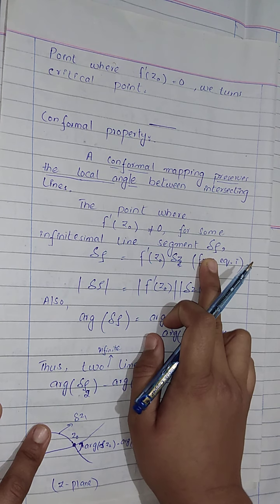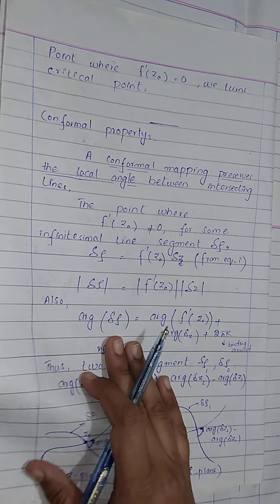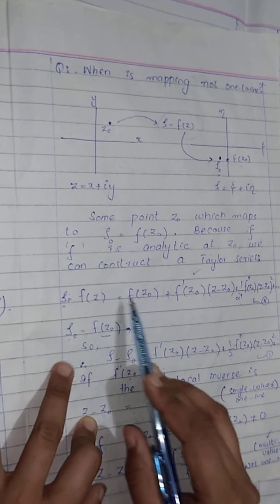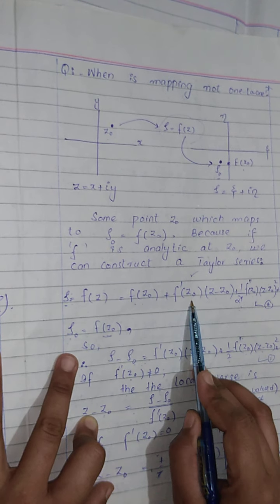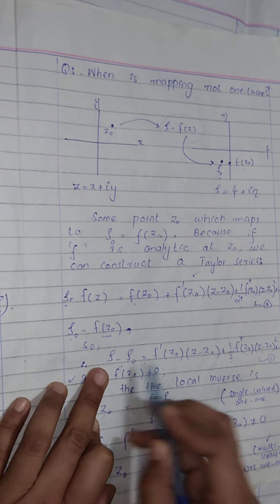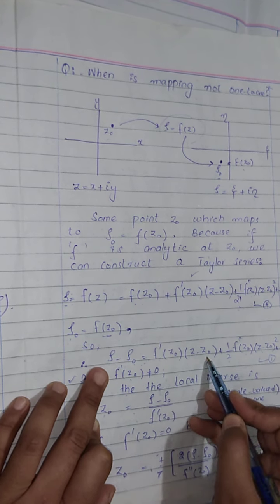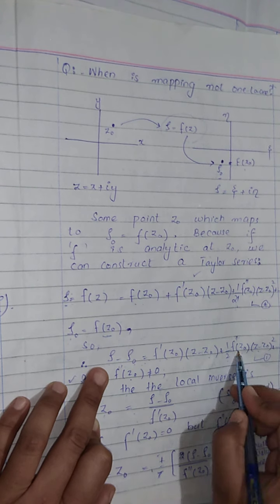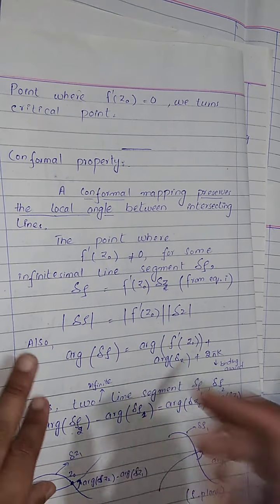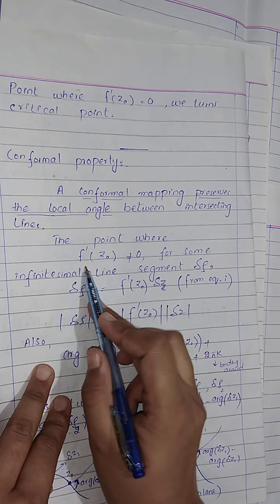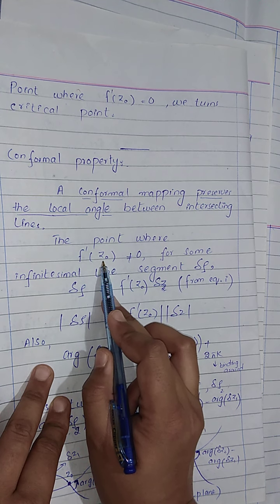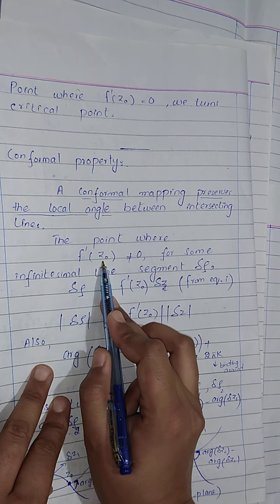We have an equation by Taylor series, that is zeta is equal to f of z naught plus f derivative of z naught, zeta minus zeta naught is equal to f derivative of z naught, z minus z naught plus 1 over 2 f double derivative of z naught, z minus z naught square. When we talk about the point where f derivative is not equal to 0, it means if f single derivative is not equal to 0, then the double derivative will be 0.